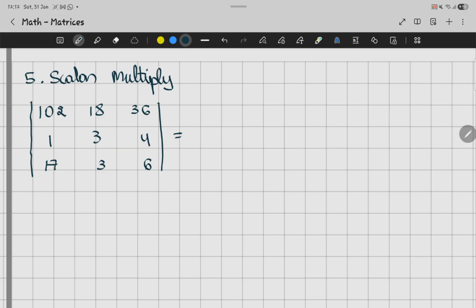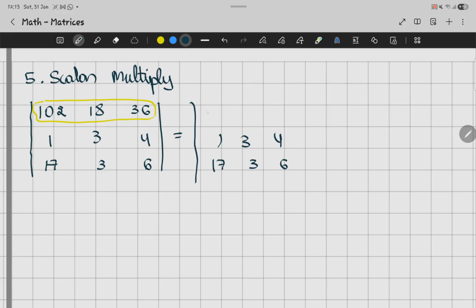Okay, what we're going to see now is the scalar multiply property. This time around we're going to use numbers. If you look inside the first row, you can see there is a number that we can remove from that first row. Let me just give you an idea. So this is what we have: 42, 18, 36. We divide the first row by 6.